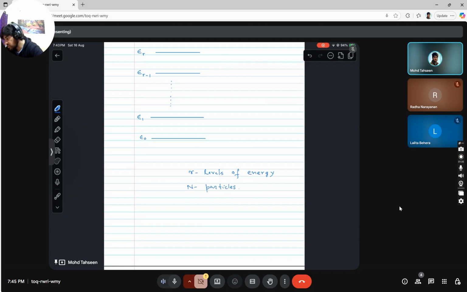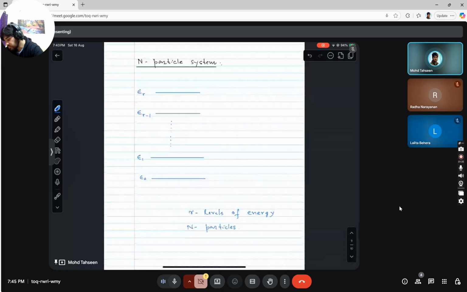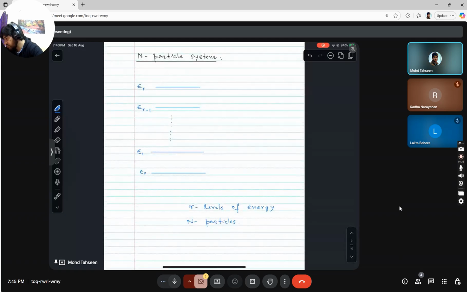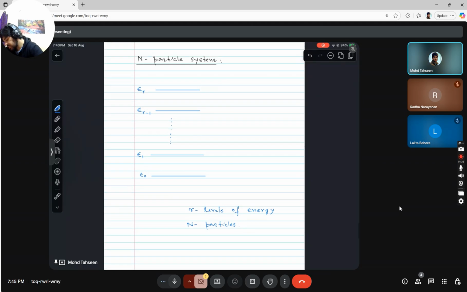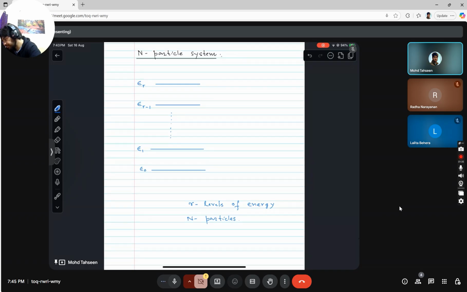So before that, let's look at the number of ways in which a particular microstate can be accomplished, right? So to be consistent with the notation, let's say that there are n0 particles in this level.